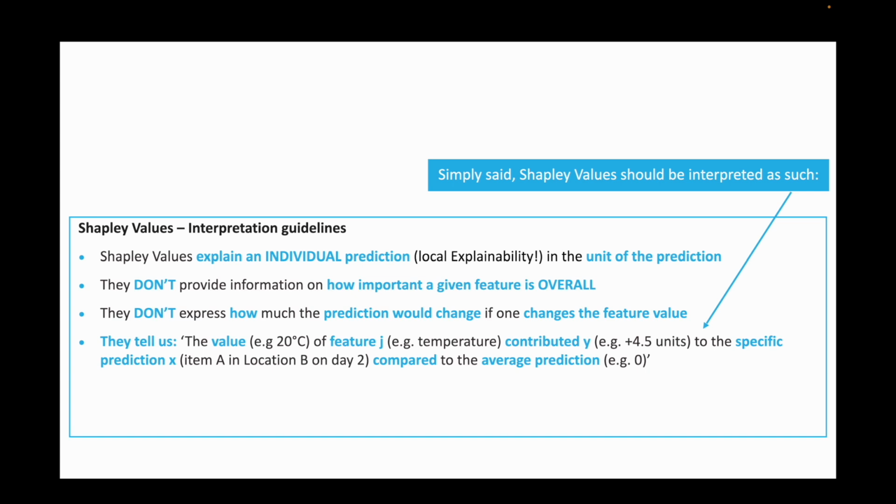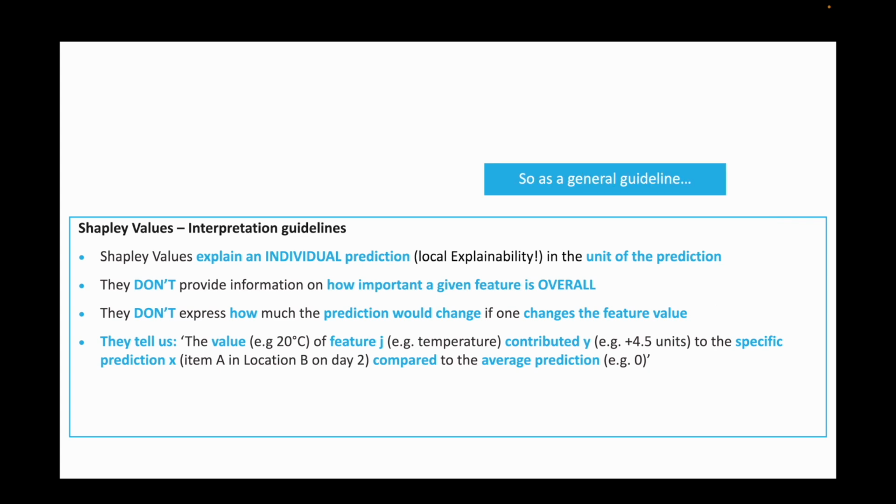The value, for example 20 degrees Celsius, of feature j, for example temperature, contributed y, for example 4.5 units, to the specific prediction x, for example the item A in location B on day 2, compared to the average prediction, for example 0.